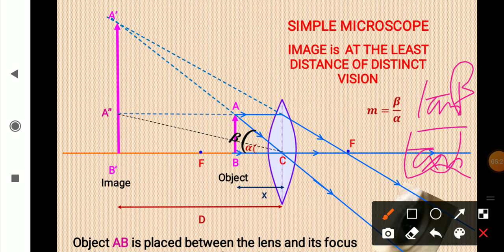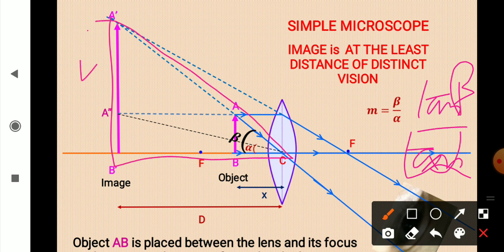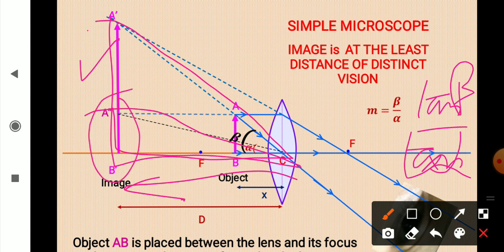Now from this triangle A dash B dash C, tan beta is equal to A dash B dash upon this distance. And if you look at this smaller triangle, A double dash B dash C, then tan alpha will be equal to A double dash B dash upon this distance CB dash, which is D.